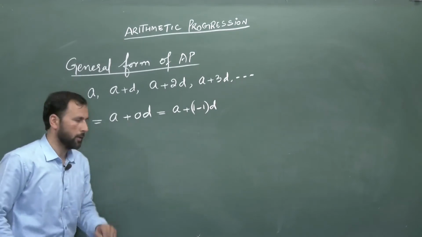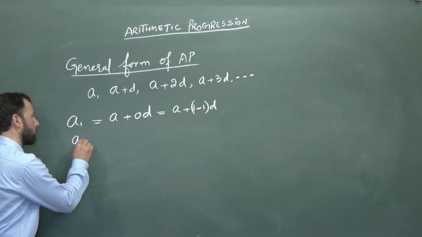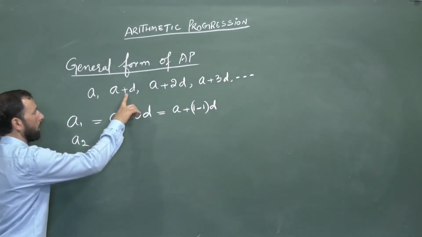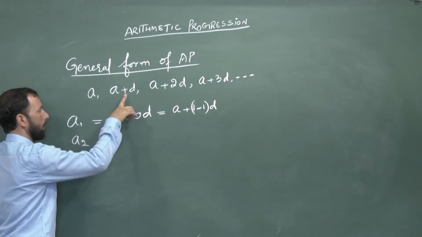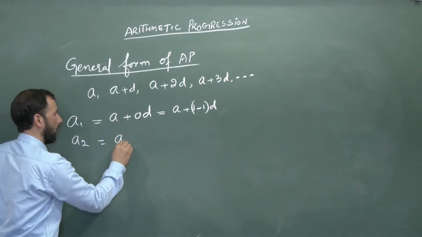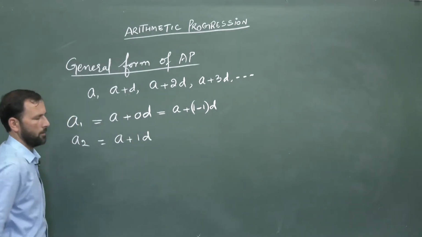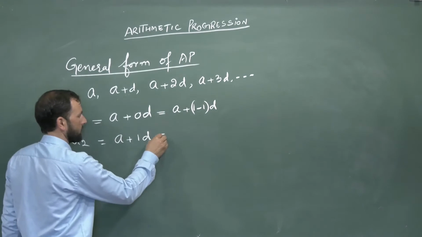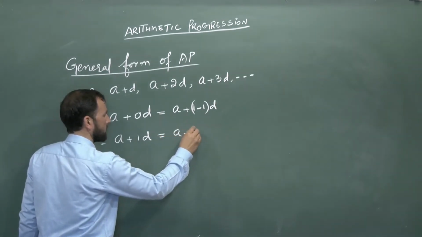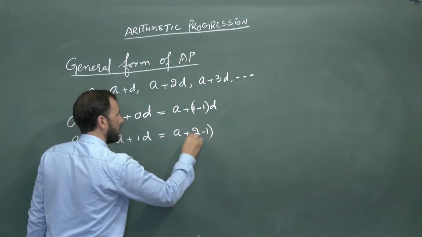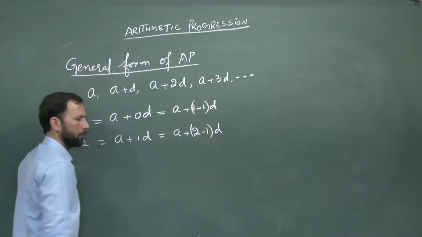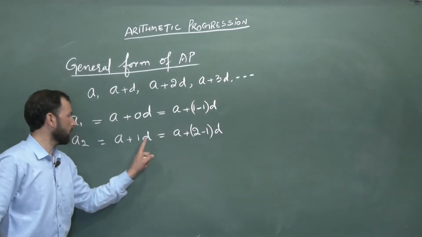Now the second term is a2. What is the second term here? This is the first term in general, and this one is the second term. It is a plus d, or we can write it as a plus 1d, and we can write this as a plus 2 minus 1 into d, because 2 minus 1 is equal to 1 here.